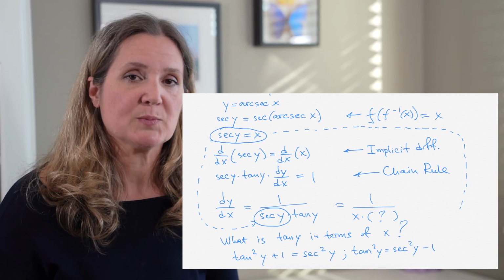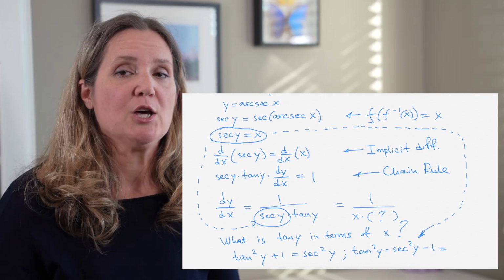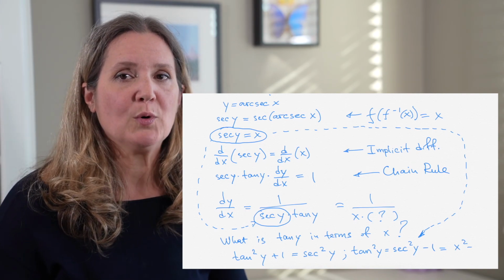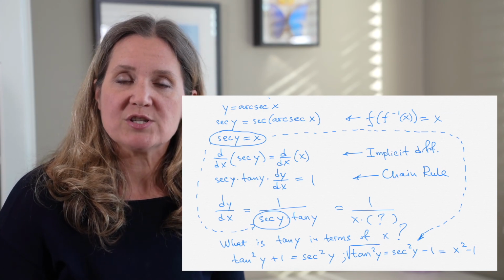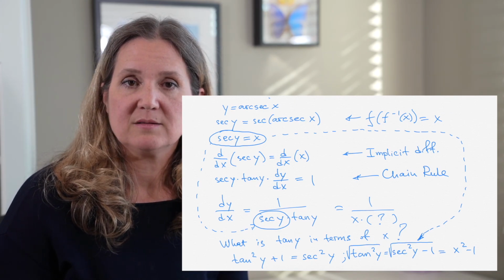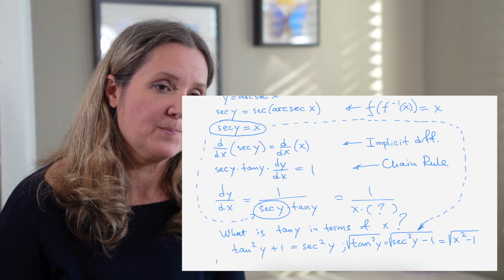But in our expression for the derivative, we don't have tangent squared, we have just tangent. So let's take the square root of both sides of the equation. Square root of tangent squared of y equals the square root of secant squared of y minus 1.